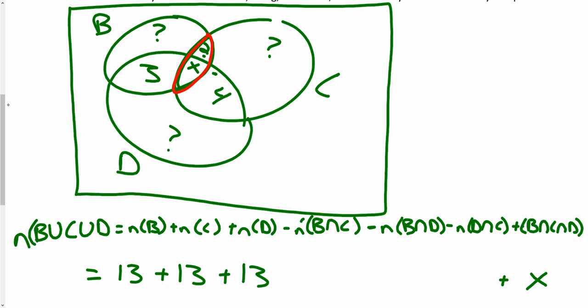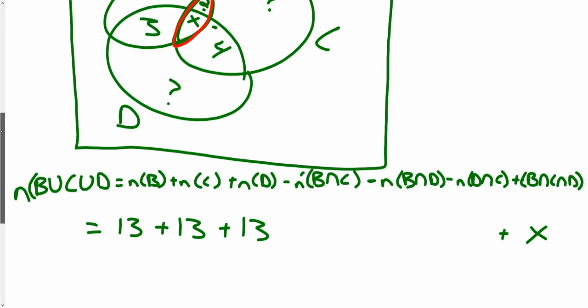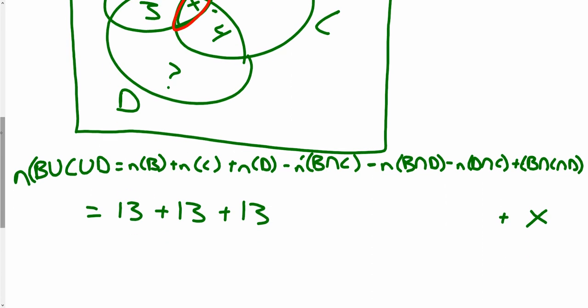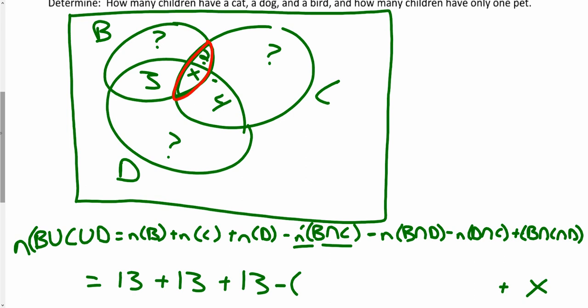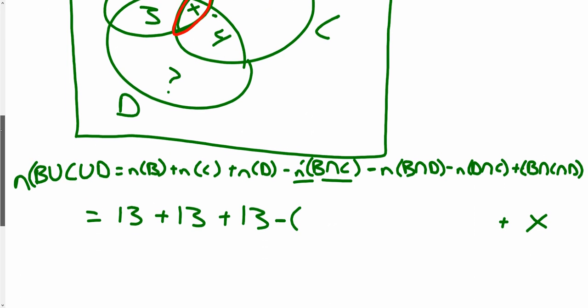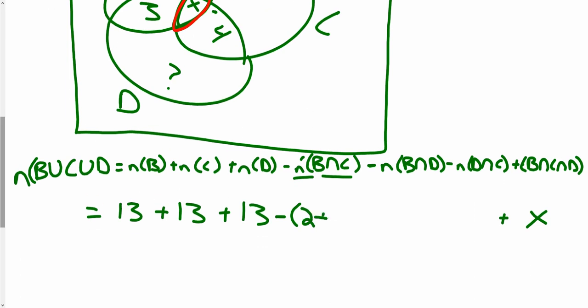These are these people that are tormenting their birds by having them around cats. So what that represents here is this part of the equation. So it's going to be minus, so that's going to be both those rings, so that's going to be 2 plus whatever x is. So that's now minus 2 plus x.